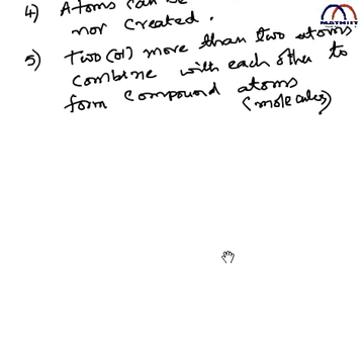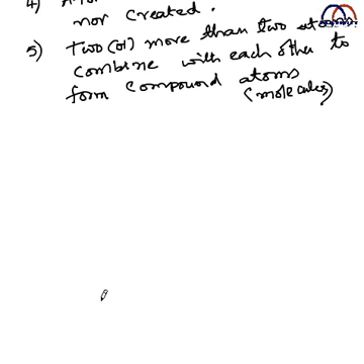But except that one point, that atoms are responsible for chemical properties and participate in chemical reactions, all the postulates of Dalton's atomic theory were experimentally proved to be wrong.